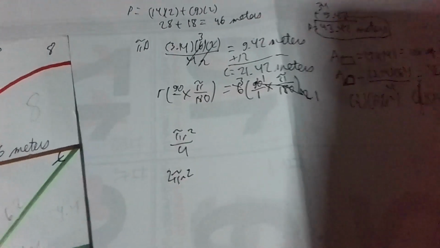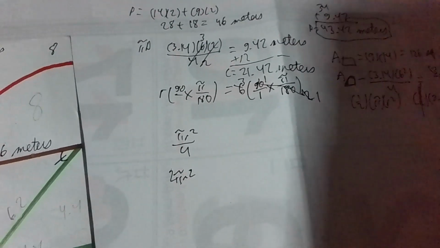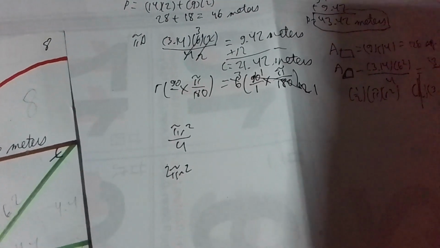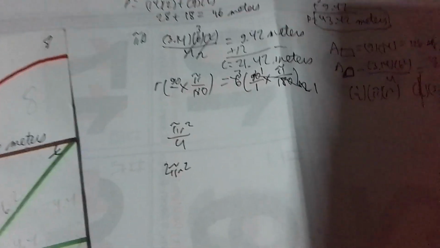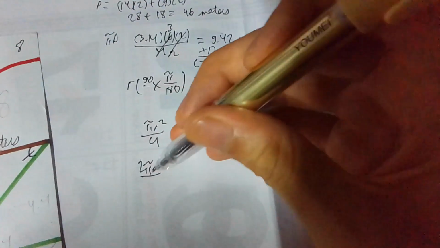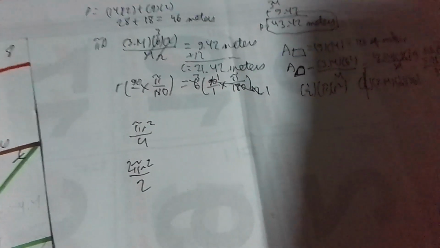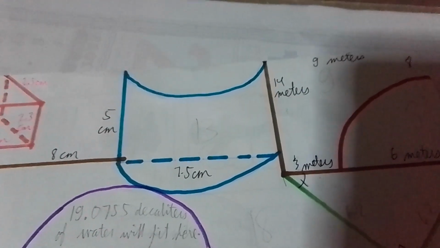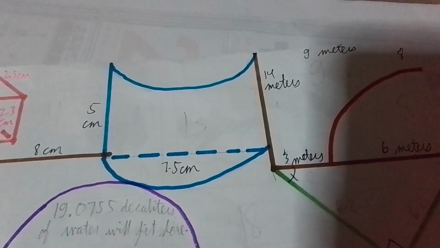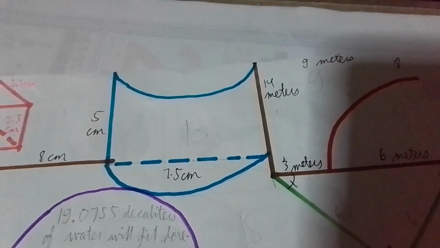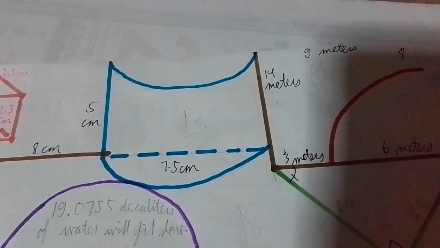Then you multiply that by 2 because there are two congruent circles. However, since it's a half circle, you have to divide that by 2. Right? So therefore, half circle, and then multiply it by 2. So there are two half circles being added together. Right? Because they're congruent, they form a literal circle.